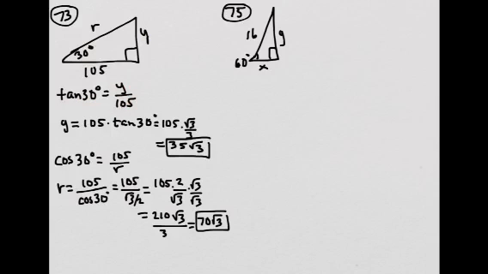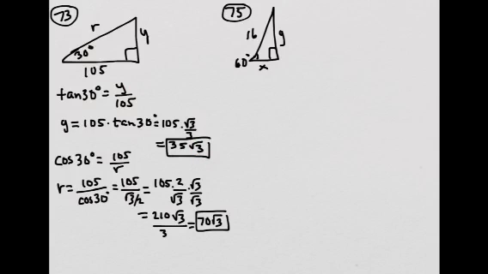I multiplied by 105 on both sides, so you get y by itself equals 105 times tangent 30. Well, tangent 30 is radical 3 over 3. 3 goes into 105 35 times, and so that's the exact value. Okay? Because after this, you would have to use a calculator to get the approximate value, because radical 3 is an irrational number.